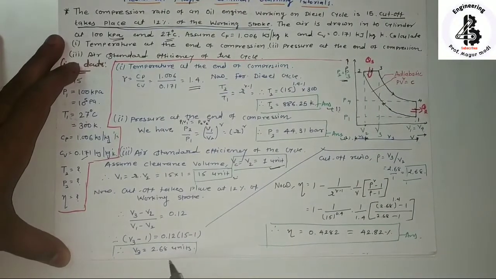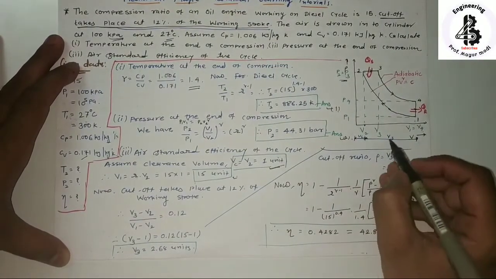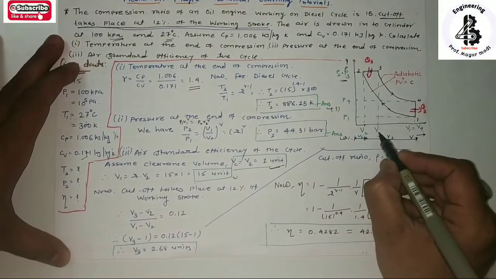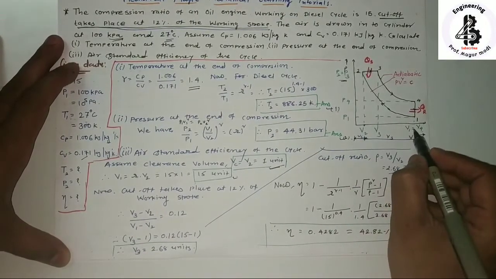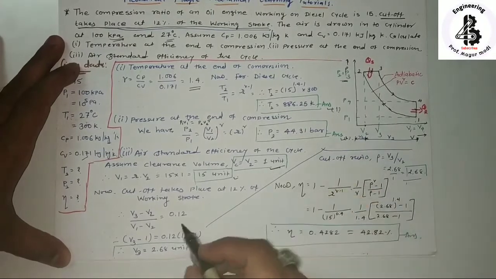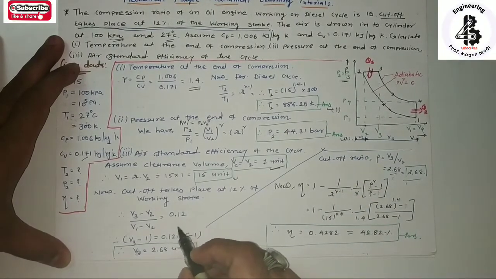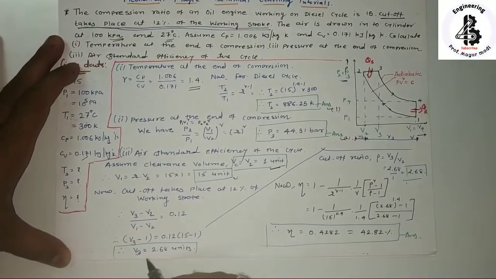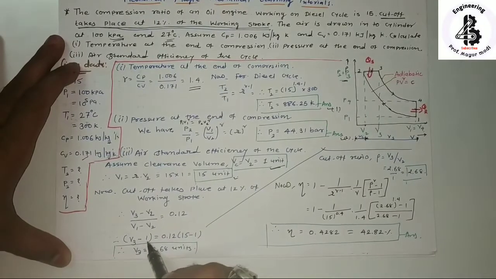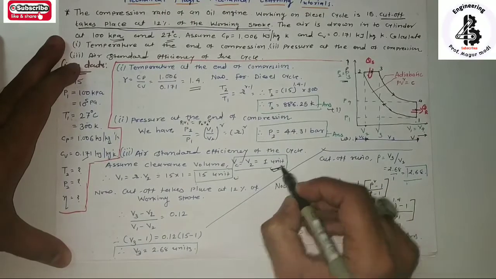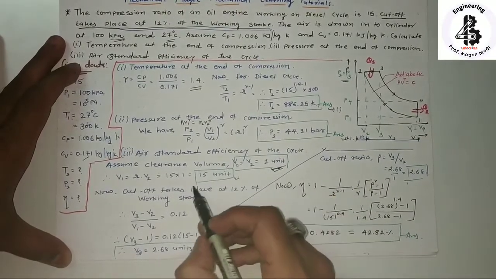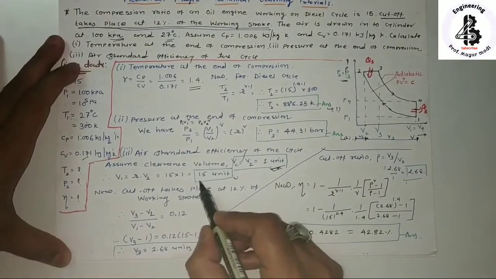So from the given data, V3 minus V2 divided by V1 minus V2 is equal to 0.12, or 12%. So finally for V3 minus V2, we assume the value of V2 is 1, and we put the value of V1, which is 15.